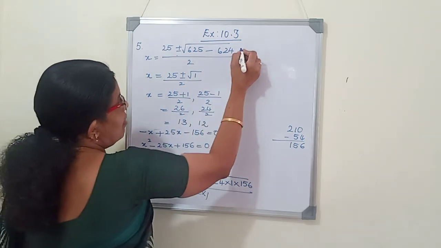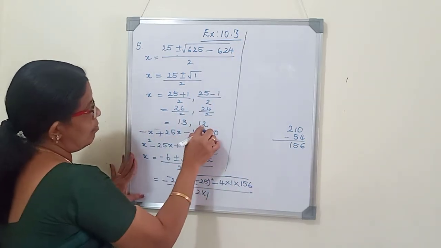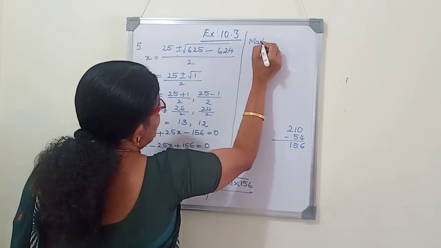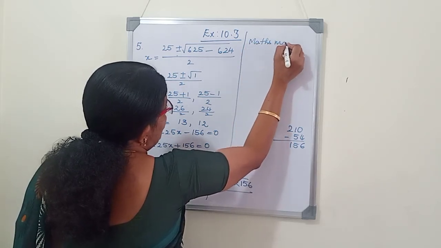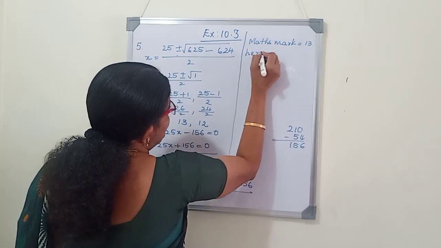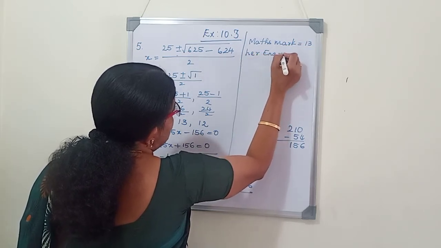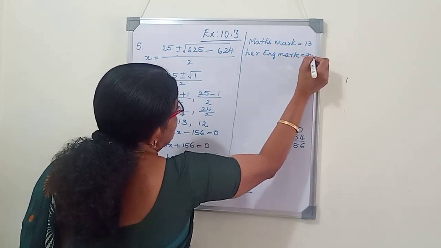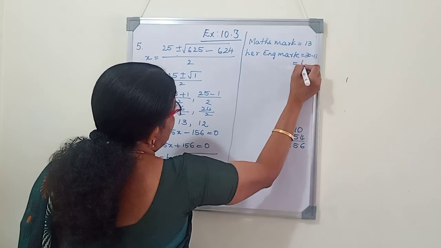We got two positive numbers. So if maths mark is 13, then her English mark is 30 minus x, 30 minus 13, that is 17.